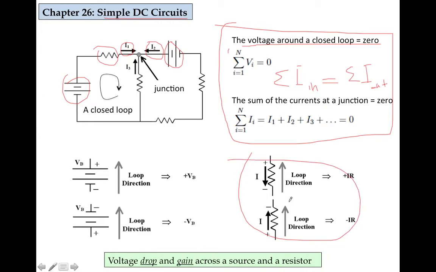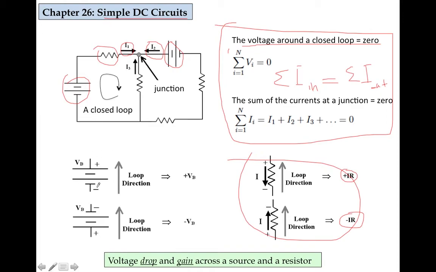The sign convention we have is that for resistors, if you're going against the current, if your motion is against the current, that is a voltage increase. If you're going with the current, along the direction of the current, that's a voltage drop. So this is for resistors.